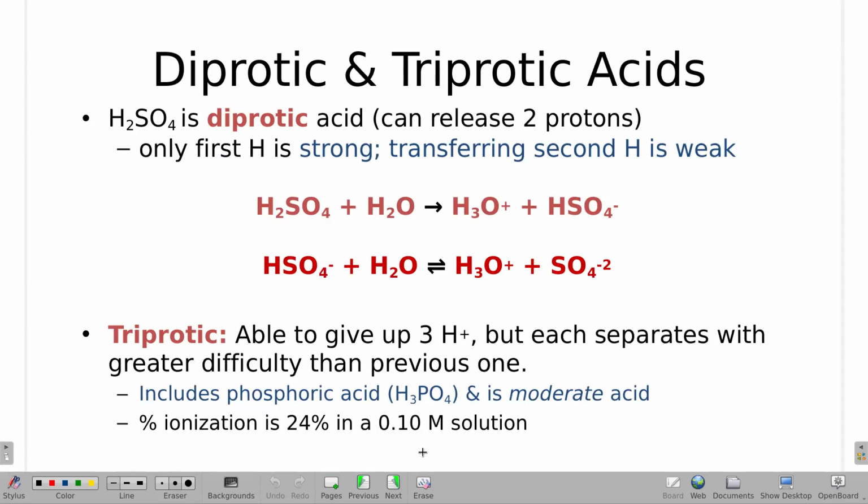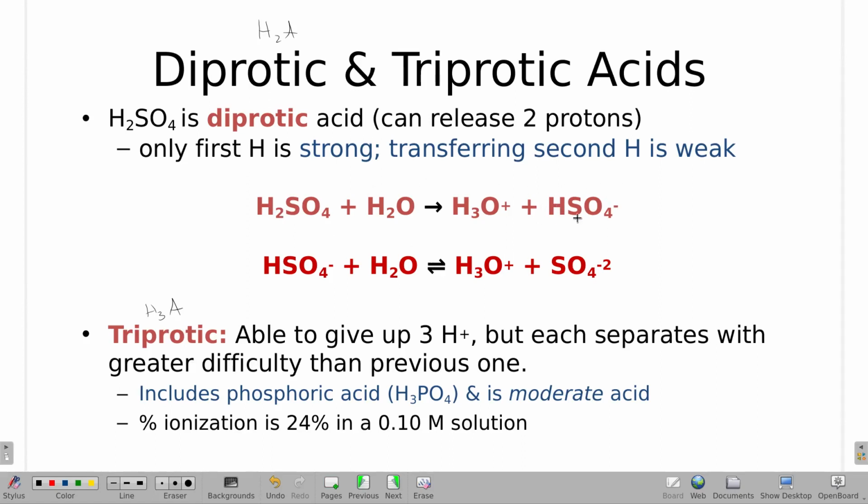Alright, now, turns out there are other acids that have more than one proton. H2SO4 is actually diprotic. You sometimes see diprotics written as just H2A. And there are triprotics, which are H3As. Now, what that does mean is the diprotic acid and the triprotic acid just give more H's. So H2SO4 actually does this nice little two-step process. H2SO4 first gives up an H and makes HSO4-.